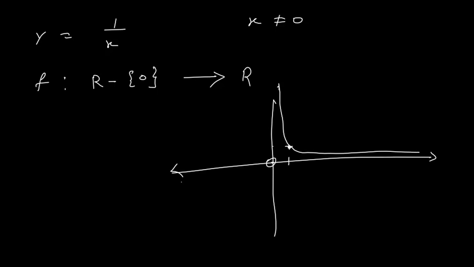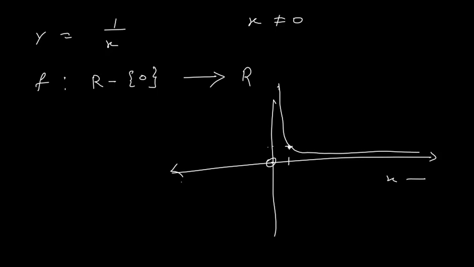So when x is positive, when it is more than 1, suppose here it is 1, so for 1 I am getting result 1, but when it is more than 1, say 2, the value of the function will be 1 upon 2, which is 0.5. When it is 3, it is 1 upon 3, when it is 4, it is 1 upon 4, so the value of f(x) keeps on decreasing as my x is increasing.